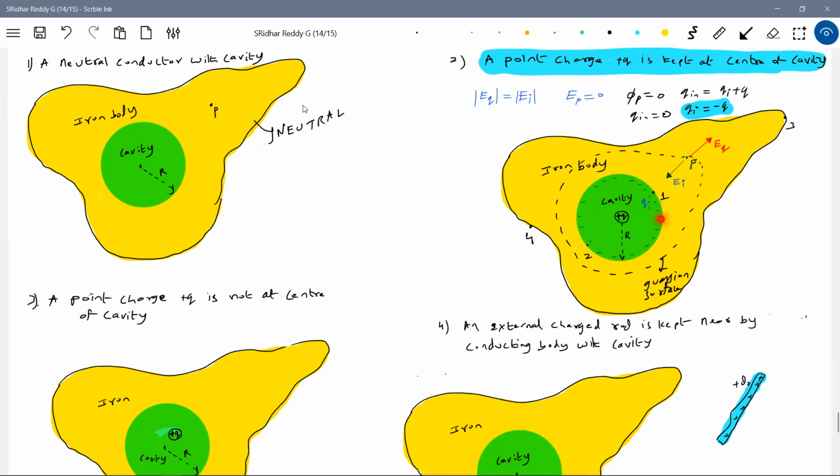So why should negative charge be induced? For this purpose. Then we know this conductor is electrically neutral, and the electrostatic induction obeys the law of conservation of charge. What should be the net charge of this? Should be 0. Since minus Qi is induced here, plus Qi will be induced here, so charge on the outer surface.